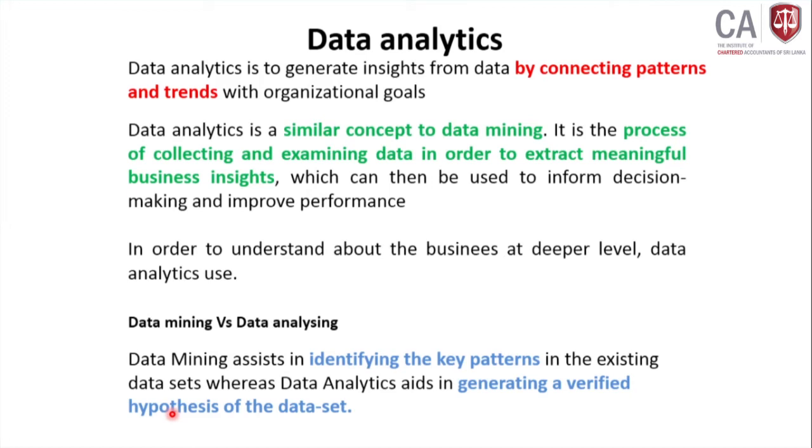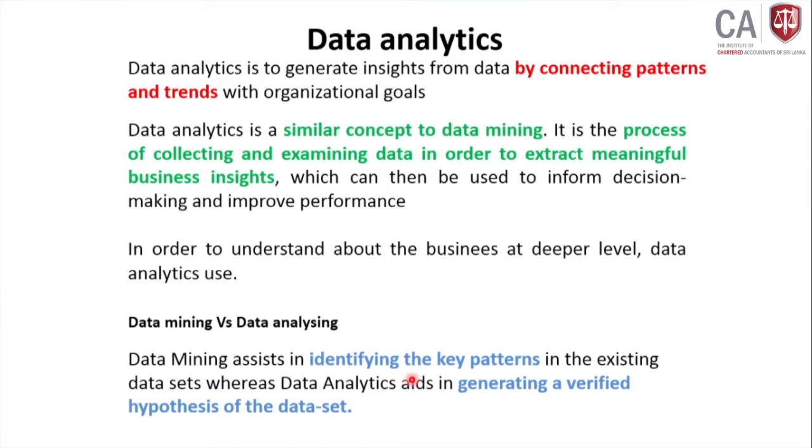Those hypotheses are generated. So in identifying the key pattern, they are identifying, okay, this much of liquor sold during the month of April, and this much of Coca-Cola sold during the month of April, this much of soda sold during the month of April.